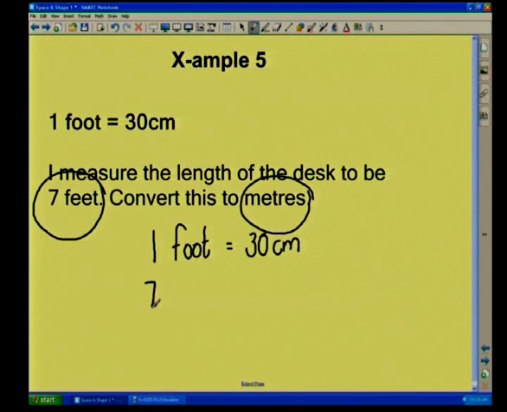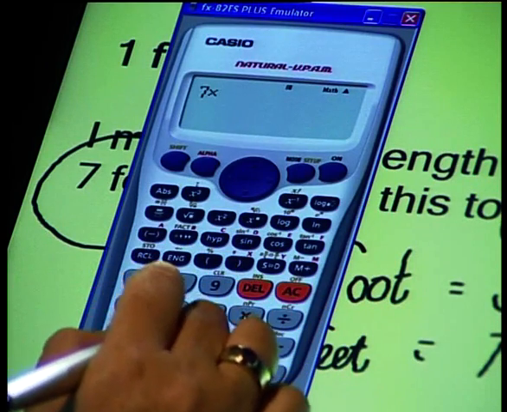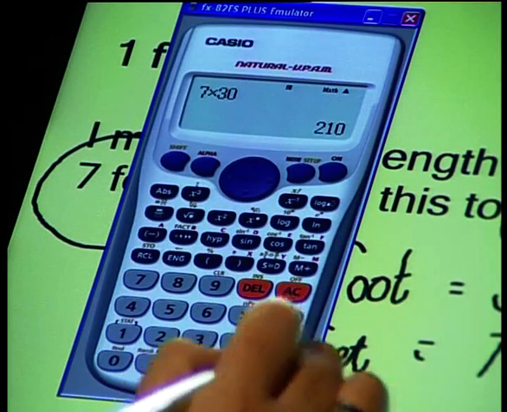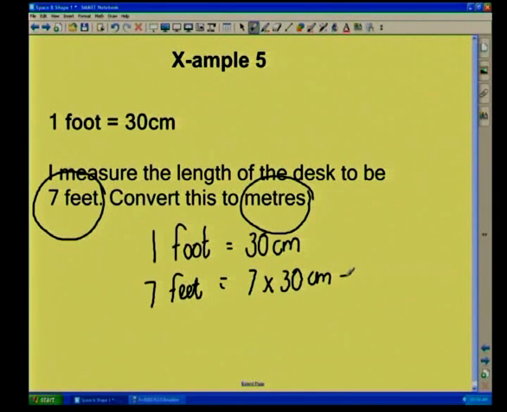So 7 feet are going to be 7 times 30 centimeters. Let's get our calculator. 7 times 30 equals 210 centimeters.